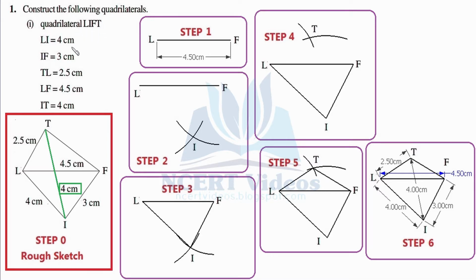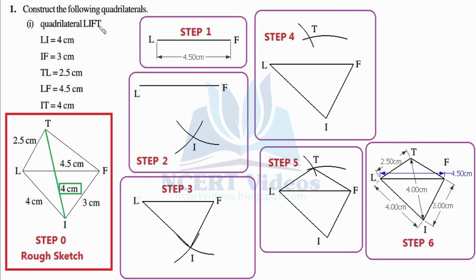LIFT. Before constructing even a single line segment, we first of all check the continuity of the line segments given to us. That is, we have first of all LI, which is continuous, therefore it must be a side of this quadrilateral. Then we have IF, again continuous, therefore a side.